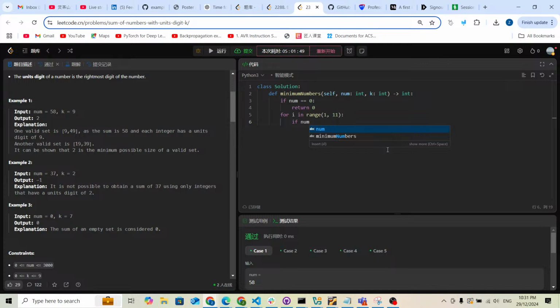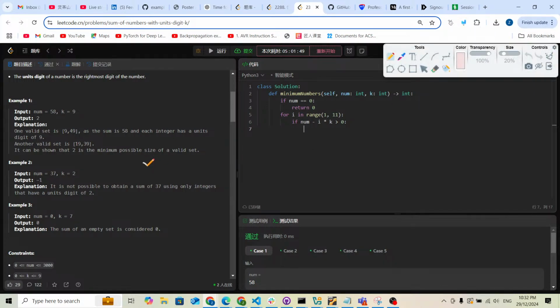Now we check: if num minus i times k is less than 0, not less than 0, more than 0. If this is more than 0, what's going to happen? For example, num equals 2 and k equals 9.